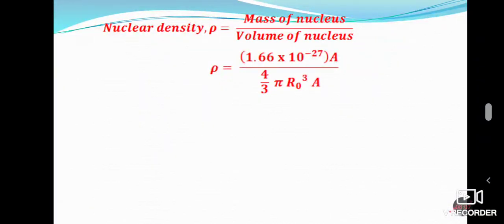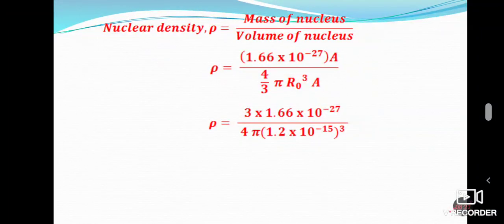The mass of the nucleus, already found, is 1.66 into 10 to the power of minus 27 into A, divided by 4 by 3 pi r naught cube into A. So A gets cancelled. Taking the 3 upside, rho is equal to 3 into 1.66 into 10 to the power of minus 27 divided by 4 pi into r naught cubed. The value of r naught is already known: it is 1.2 into 10 to the power of minus 15, the whole cubed.